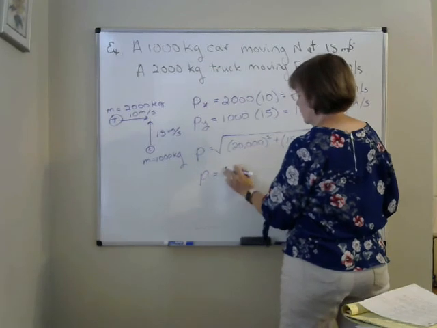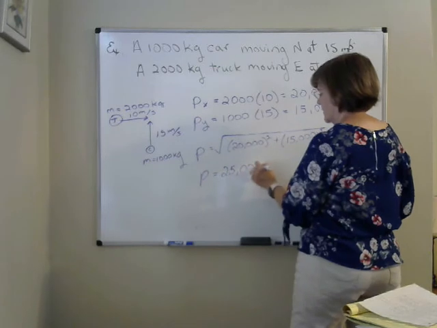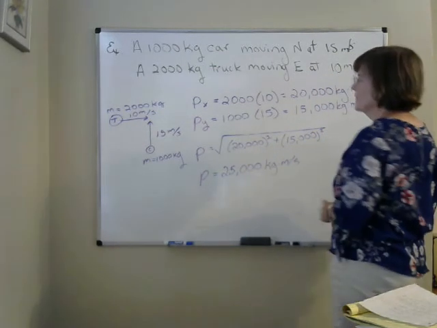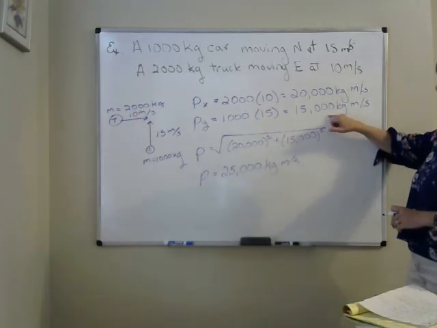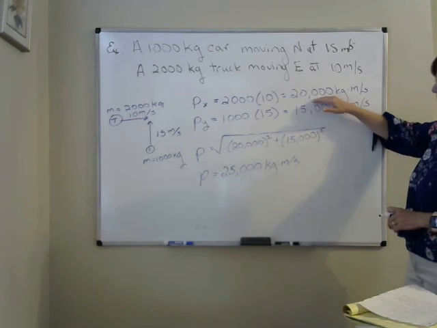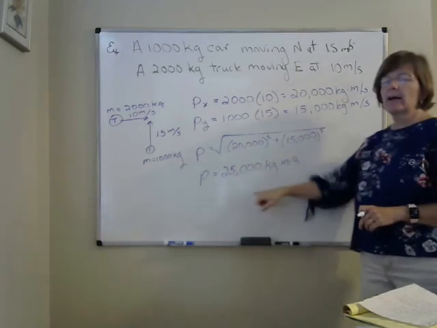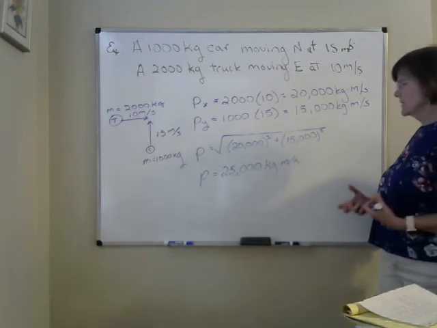That is going to be 25,000 kilogram meters per second. I don't know if you recognized it, but this actually makes a Pythagorean triple: 15,000, 20,000, and 25,000. That's a 3, 4, 5 triangle that's been multiplied by a factor of 5,000.